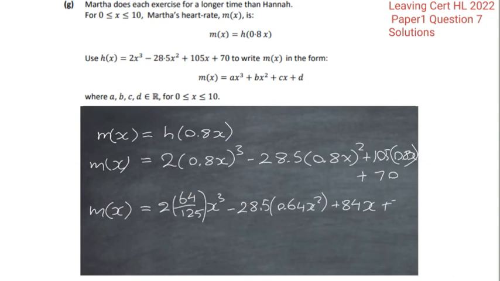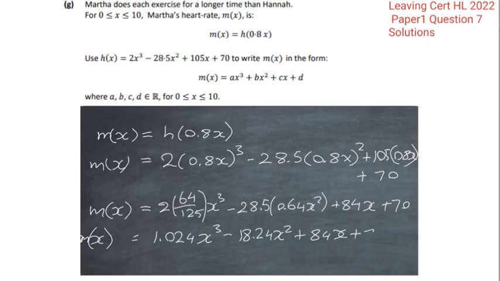I have a plus 70. So finally, if we just multiply in, m of x is equal to 1.024 x cubed minus 18.24 x squared plus 84 x plus 70.